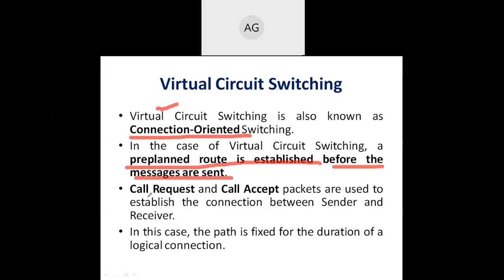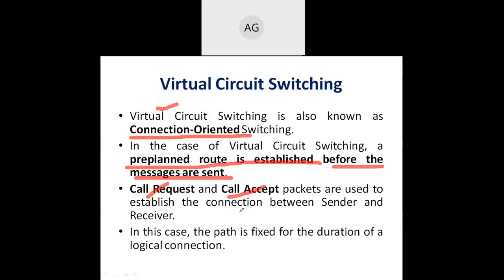The next point is that call request and call accept packets are used to establish the connection between the sender and the receiver. First, before sending packets, the sender must send the call request packet to the receiver, and in the same way the receiver sends the call accept packet to the sender.